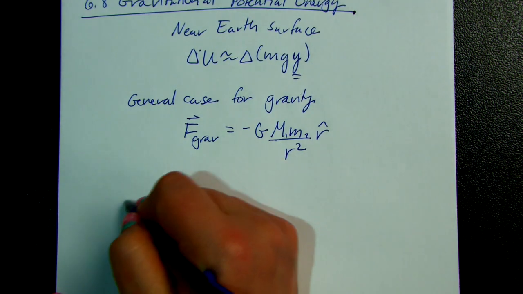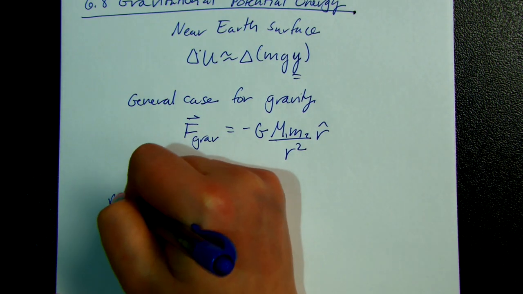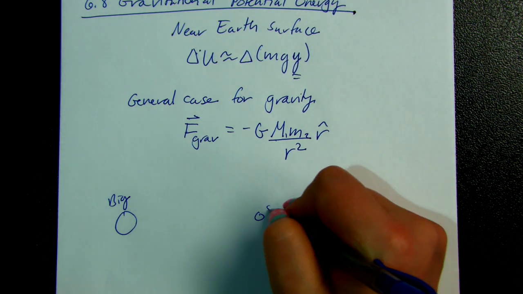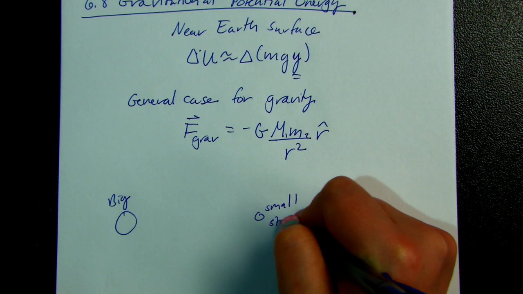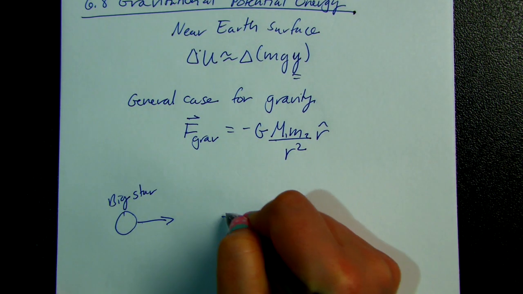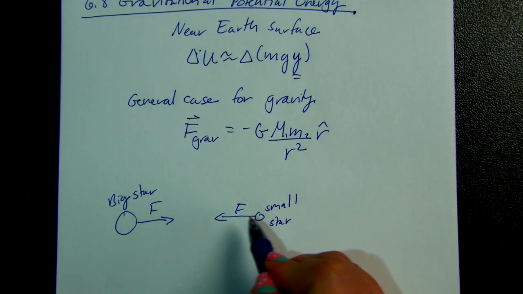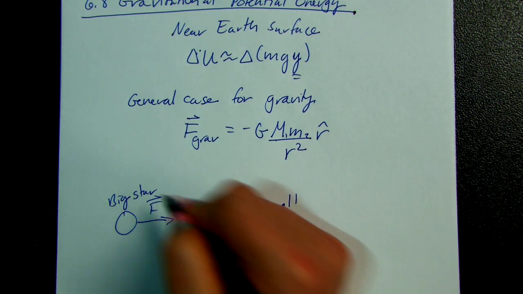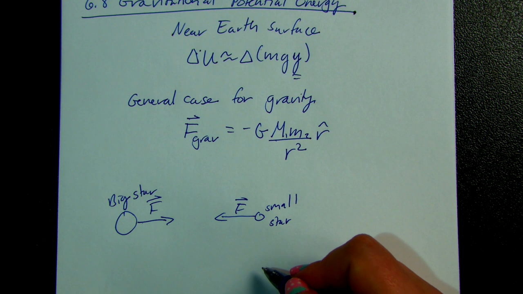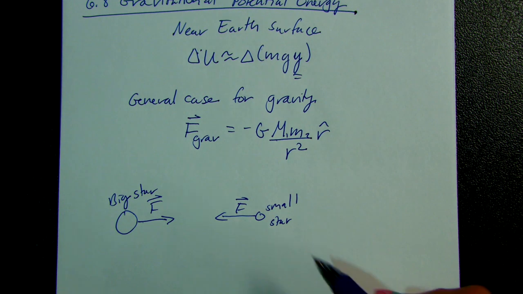So if we have a big star and a little tiny star, they're going to have a force between the two of them that is the same. The force on the big star is the same in magnitude as the force that the little star is doing onto the big star.